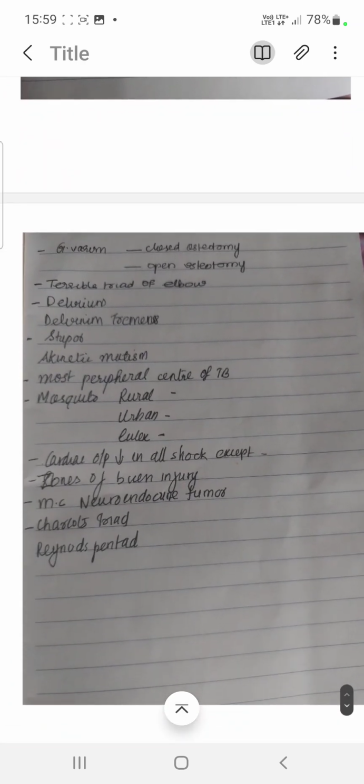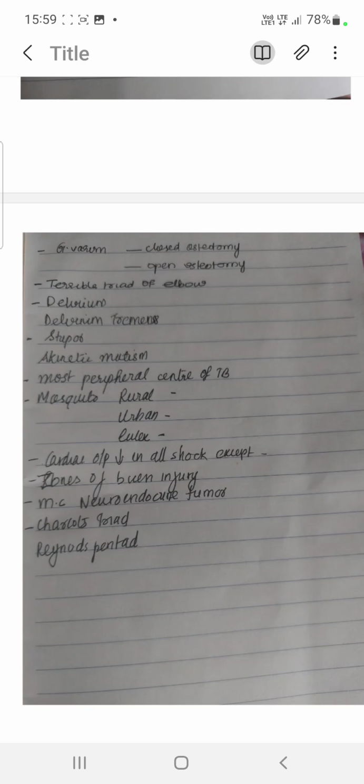Then next, genu varum. If there is genu varum, then you have to do lateral wedge osteotomy, that is closed lateral, medial open. Terrible triad of the elbow: related to radius, radial head fracture; related to ulna, coronoid process fracture; and posterior dislocation of elbow. This is the triad. Delirium, the treatment is haloperidol; delirium tremens, lorazepam.